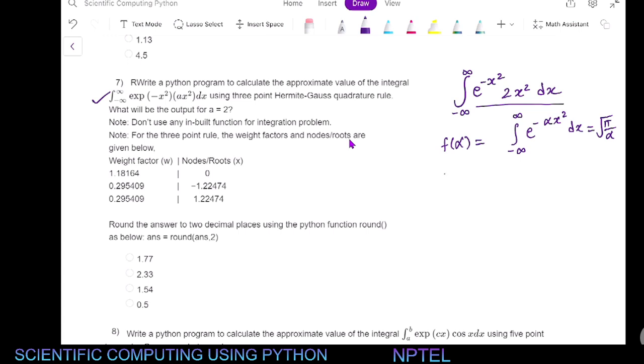Okay, and the trick is to differentiate this function with respect to alpha. Okay, so this differentiation can be taken inside because the integral is with respect to x, right? And we are differentiating with respect to alpha. So what will be the differentiation of e to the power minus alpha x square? Remember, alpha is the one which we are differentiating with respect to, right?